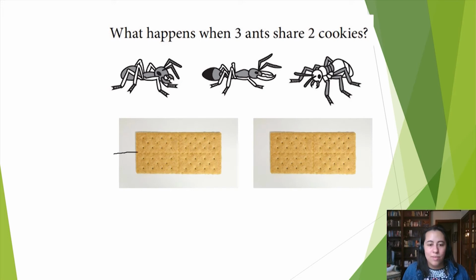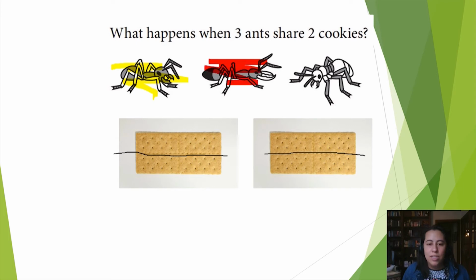Let's see, I'm going to break them in half a different way this time but since each of the parts is the same size, it's still halves. Okay, let's make a yellow ant, a red ant, and a blue ant. Let's see.